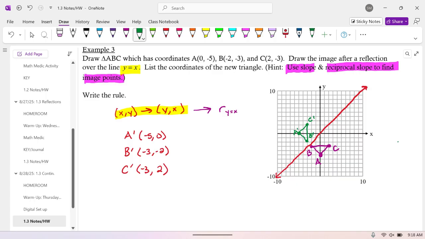Now, if we know the slope, for example, if we look from B to A, it's down 2 over 2. So that means A to B also has to be down 2 over 2.